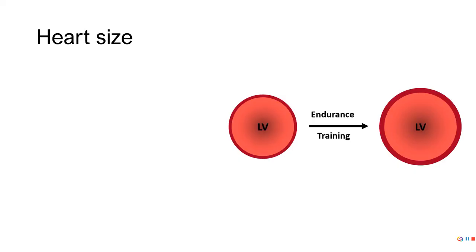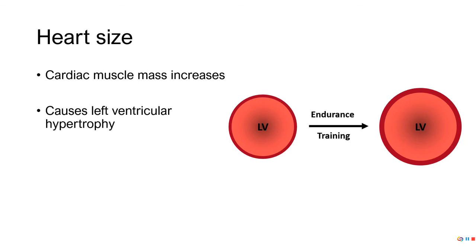To start off, heart size. Your heart's a muscle. You use it more, it gets bigger. This causes what we call left ventricular hypertrophy, so the ventricle itself gets bigger. This is good, assuming it happens the correct way. If I've got a bigger muscle, it can produce more force. What's really important with cardiac hypertrophy is that the chamber size increases.